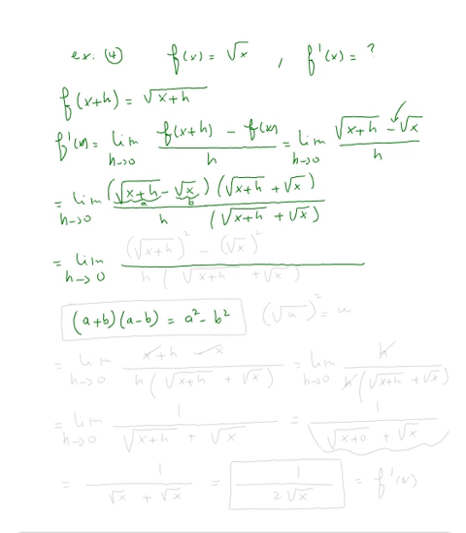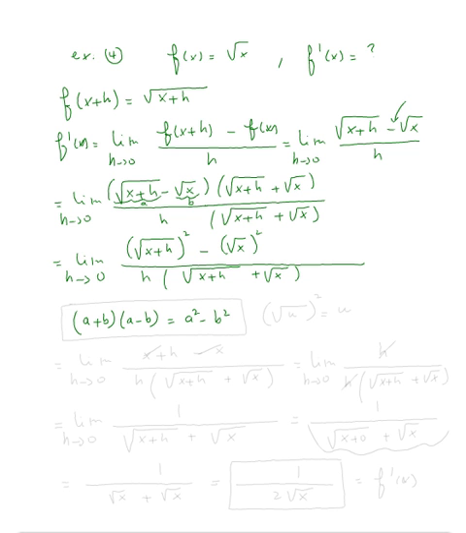So a squared means x plus h, and it's a squared, minus, this is my b, square root of x, so I need b squared, and everything is over h times square root of x plus h plus square root of x.